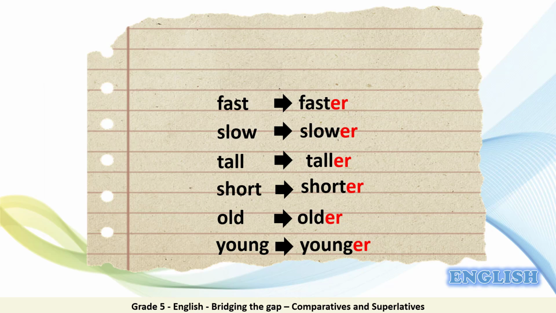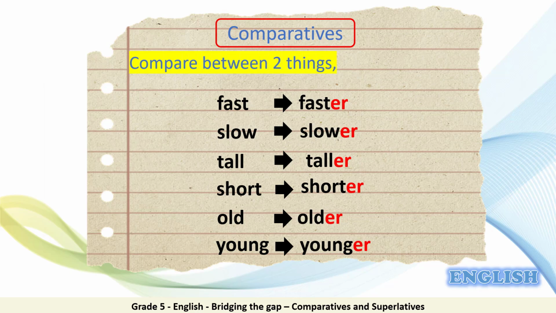What do we call these adjectives with ER in the end, my friends? Excellent. We call them comparatives. And we use comparatives to compare between two things, people or animals. Only two. Clear, my friends?